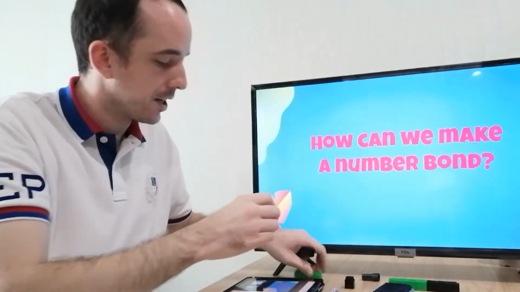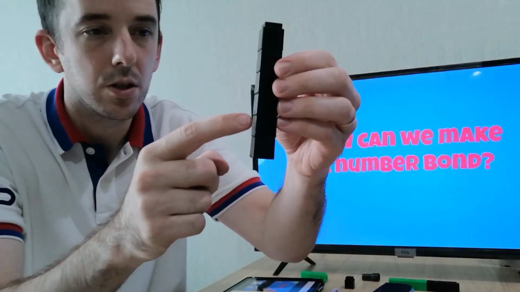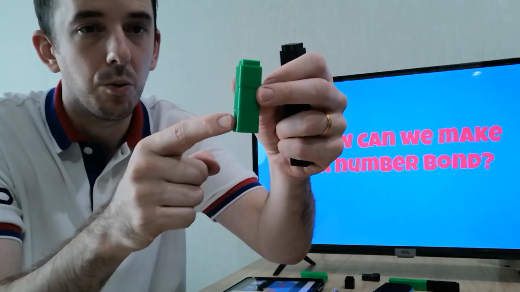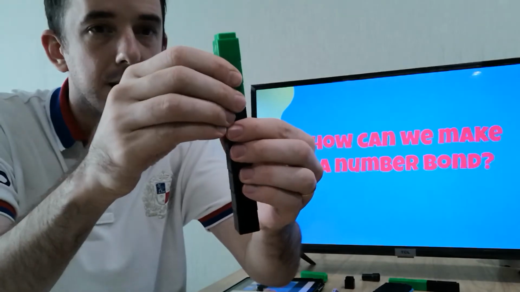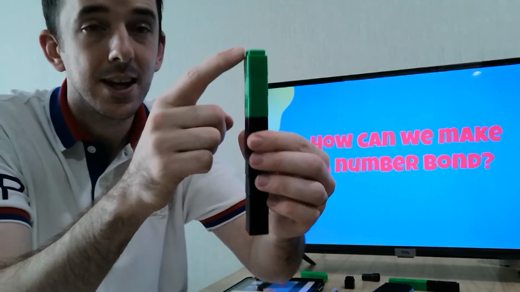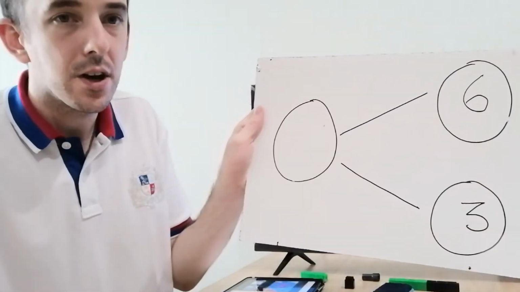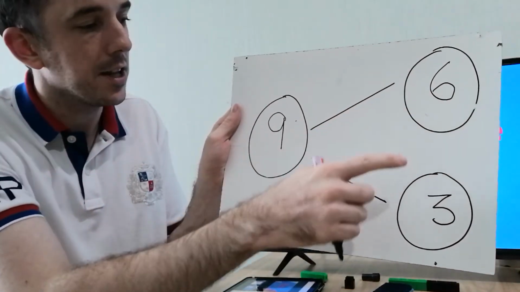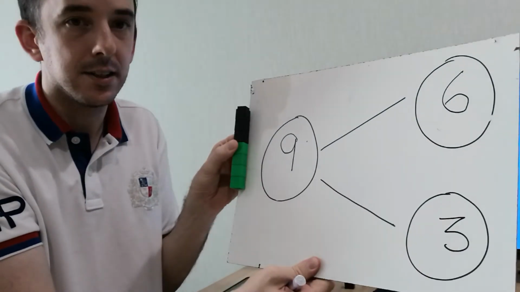So this time I have 6 black blocks. 1, 2, 3, 4, 5, 6. And this group is 3. 1, 2, 3. 6 and 3 together. 1, 2, 3, 4, 5, 6, 7, 8, 9. So 6 and 3 together give me 9.